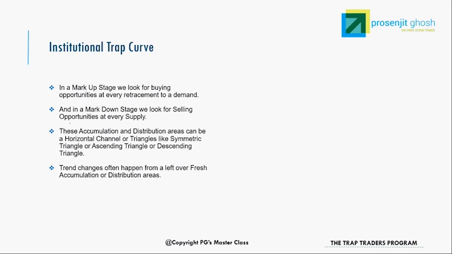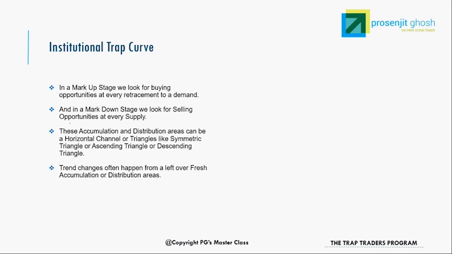Trend changes often happen from a leftover fresh accumulation or distribution area. So what does that mean? When price was in a markup stage, it might have created a reaccumulation or accumulation, but no throwback and retest happened of that particular accumulation or distribution. So it is fresh.